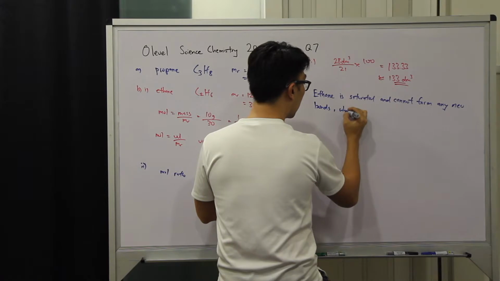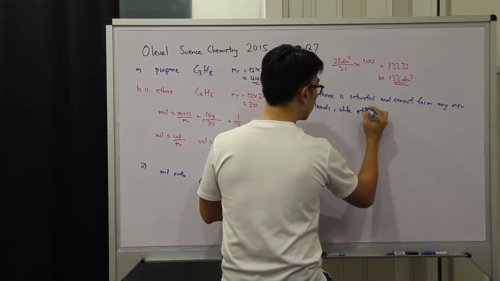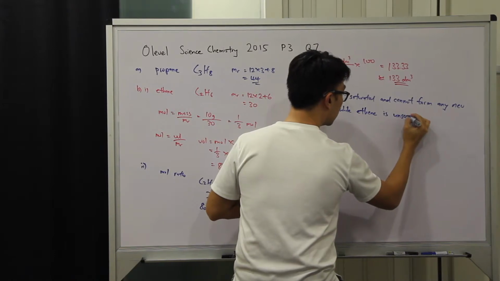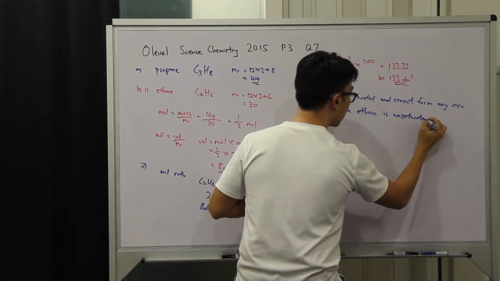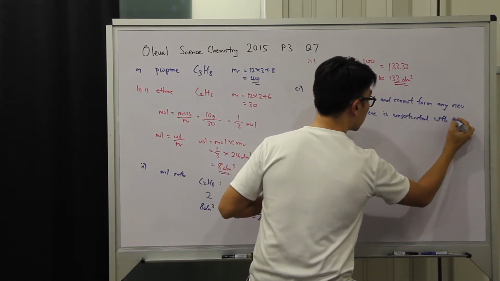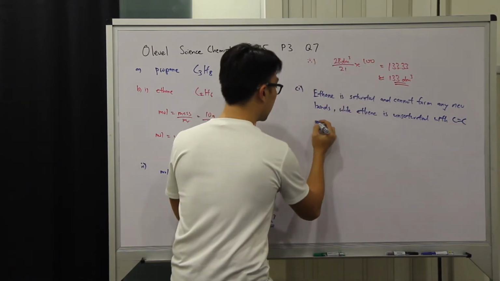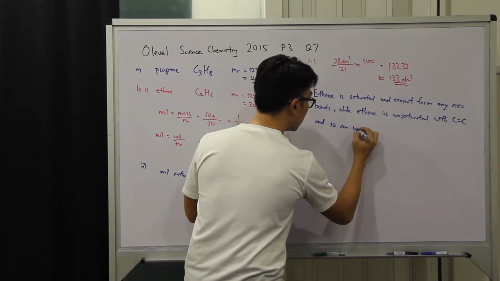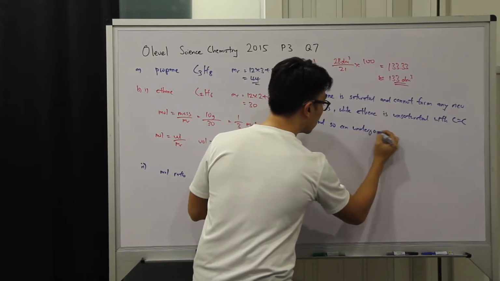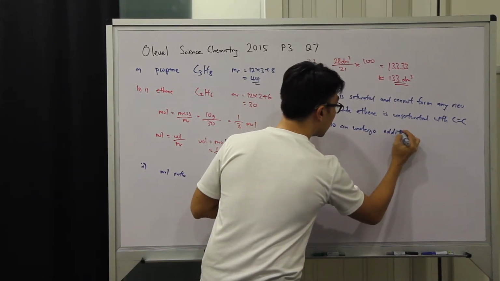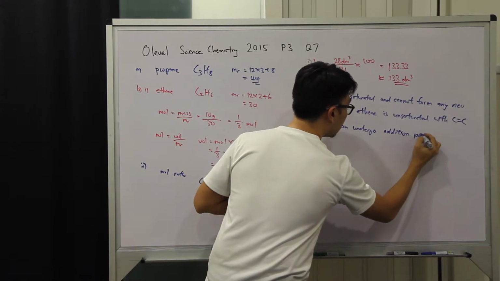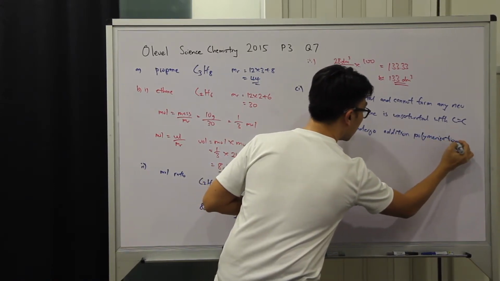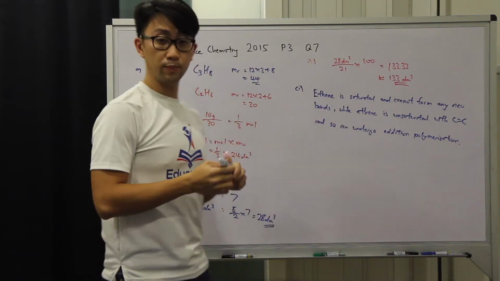Okay, while ethene is unsaturated with a C double bond C, and so can undergo addition polymerization. Alright, so that's part 1.